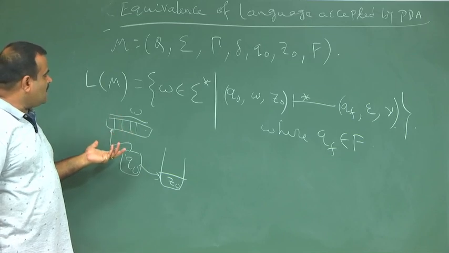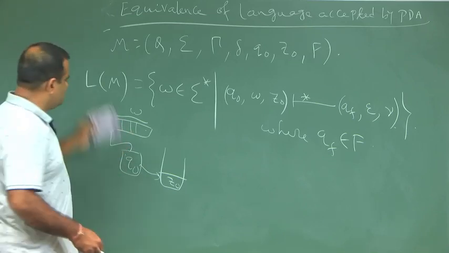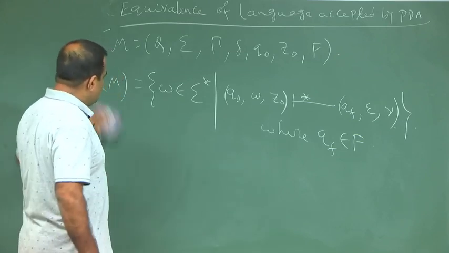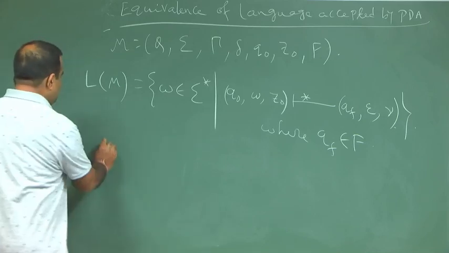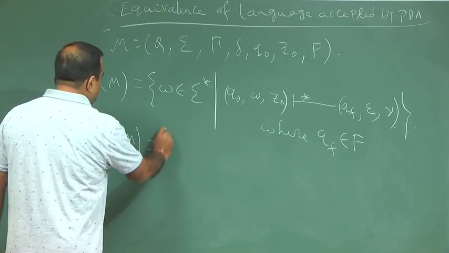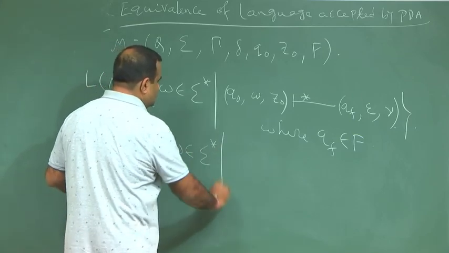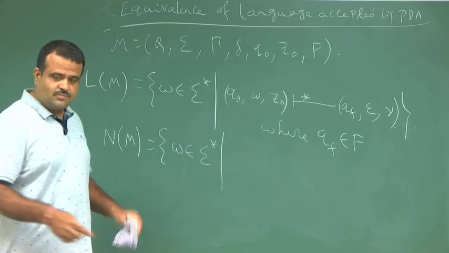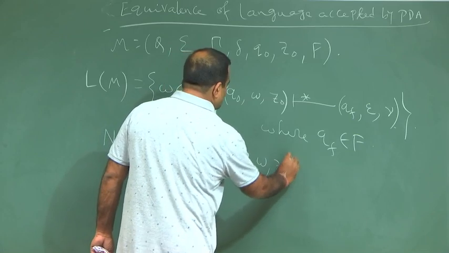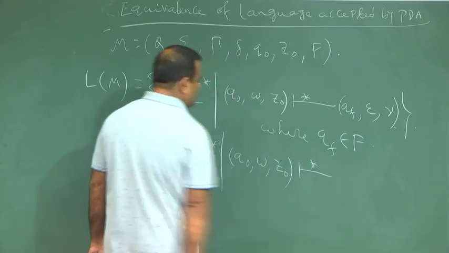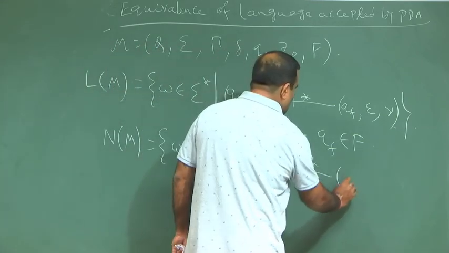Now, this is the language accepted by final state, and another way of acceptance is the language accepted by means of empty stack. That is the set of all w such that we start with the same configuration q0, w, Z0, and we end up in some p.